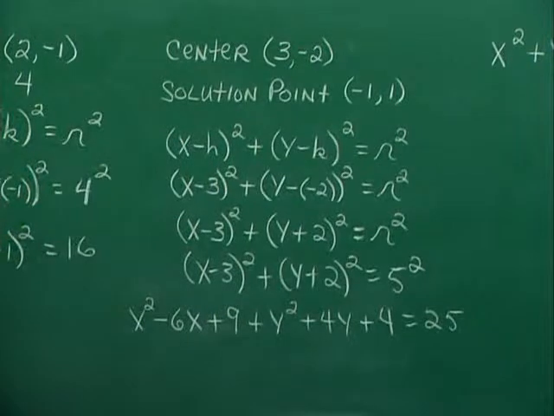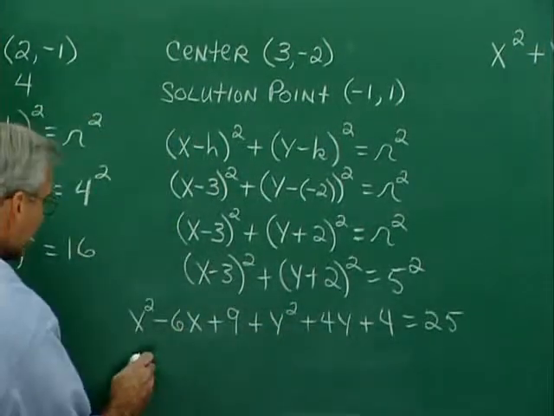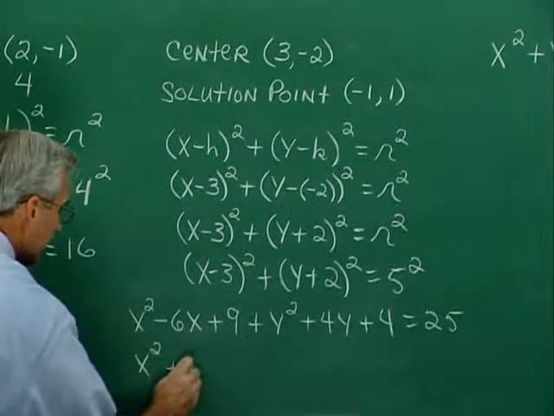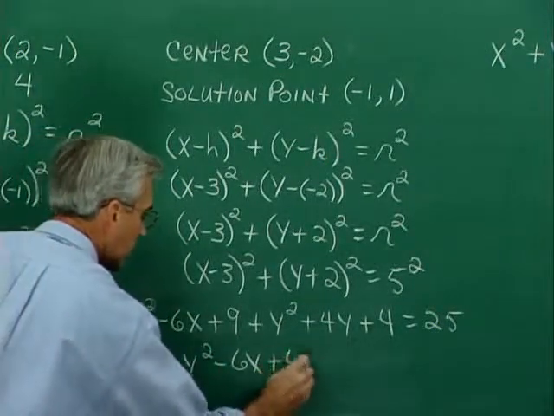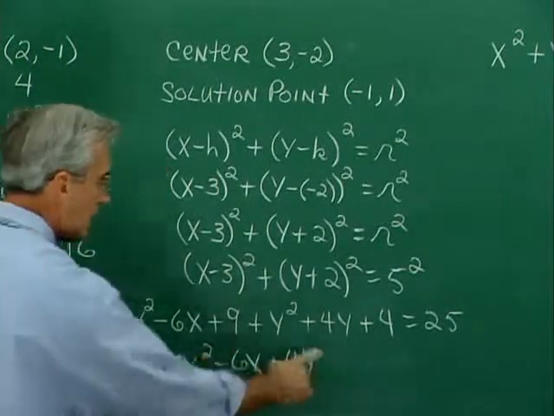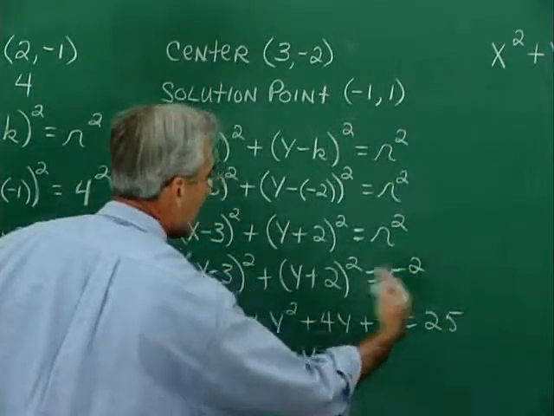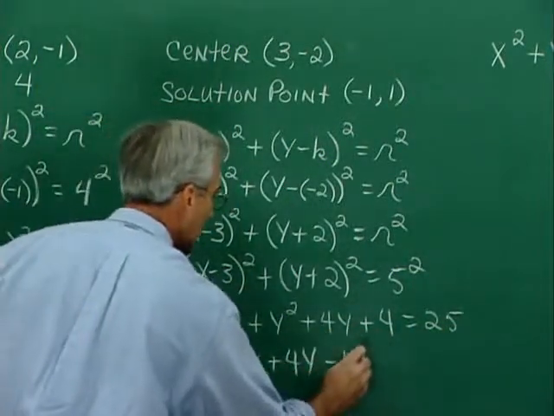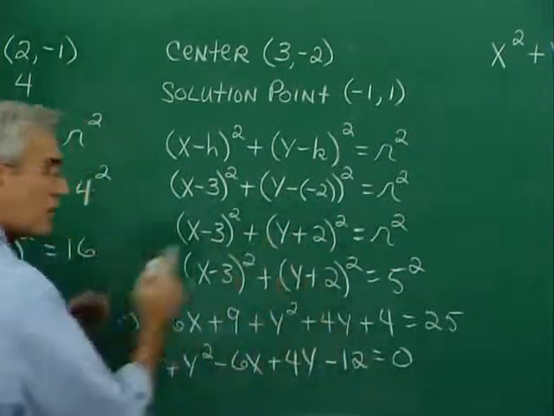Then we could throw all the terms on one side and rearrange a little. We write the squared terms first, then minus 6x, plus 4y, and then the 9 and the 4, that's 13. If we move the 25 over to the left, we get negative 12 equals 0. So here's the general form of the same equation.